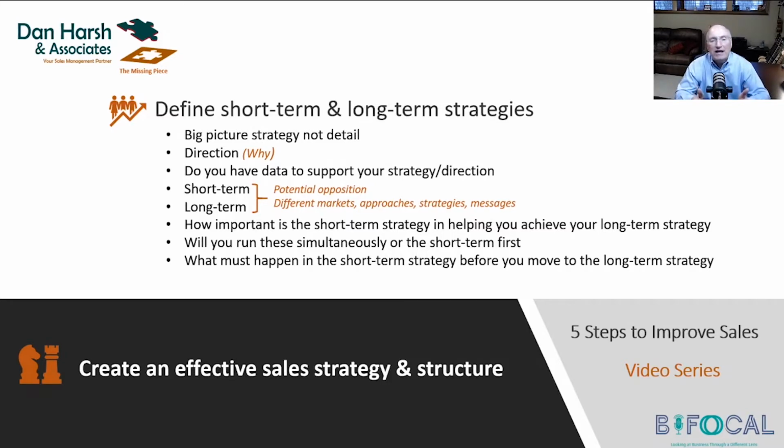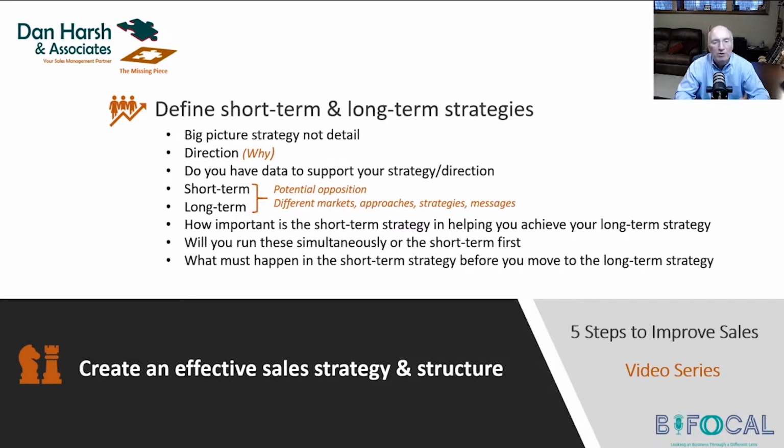As you lay out both your short-term and your long-term strategy, do you have data to support this direction? Why is this the direction you want to go? How important is your short-term strategy to your long-term strategy? Do you have to wait until your short-term strategy is achieved before you move into your long-term strategy?